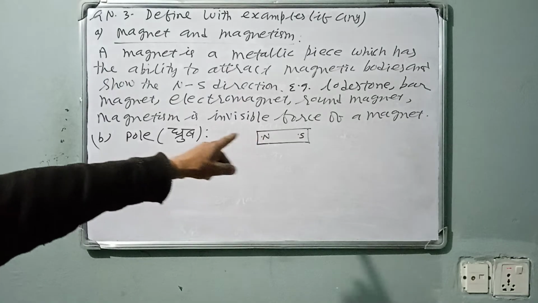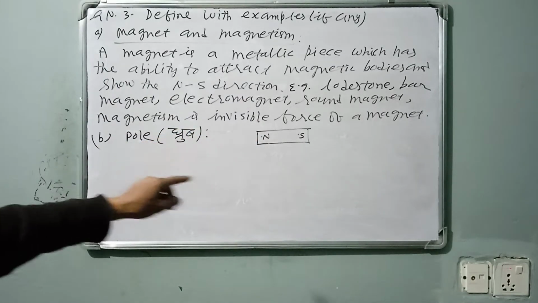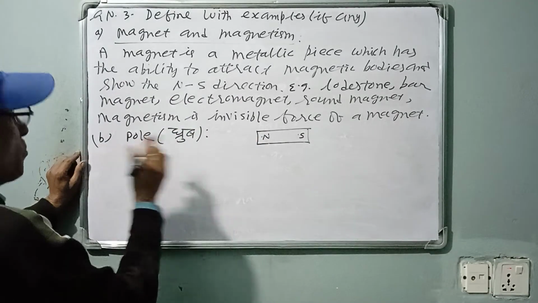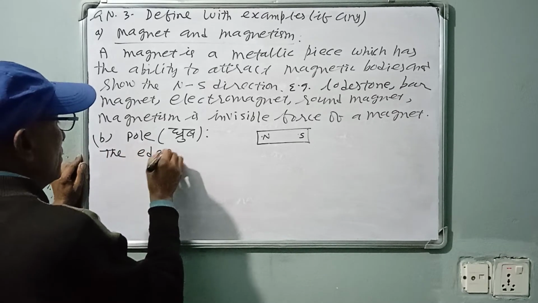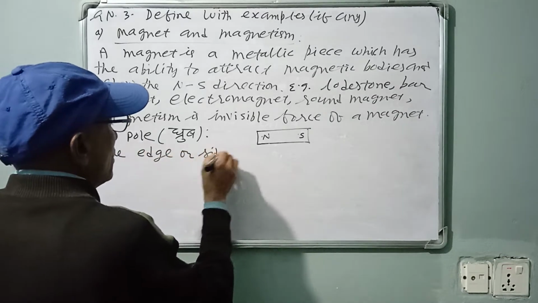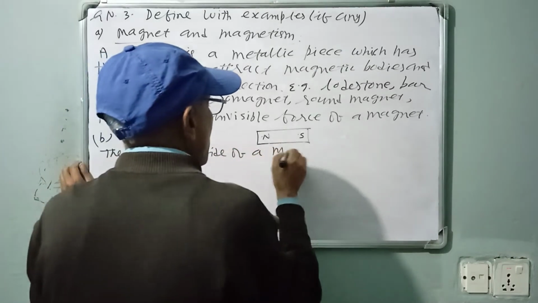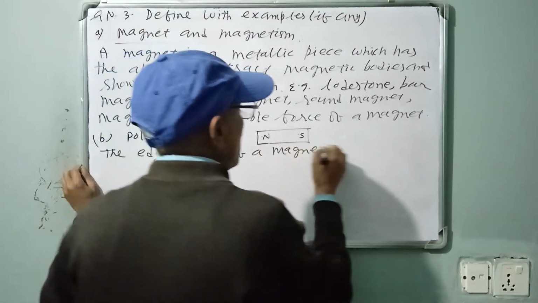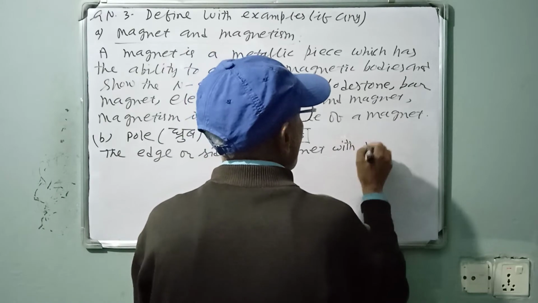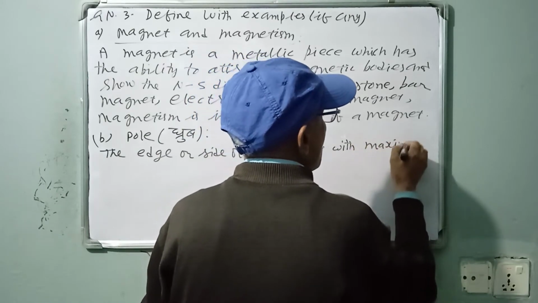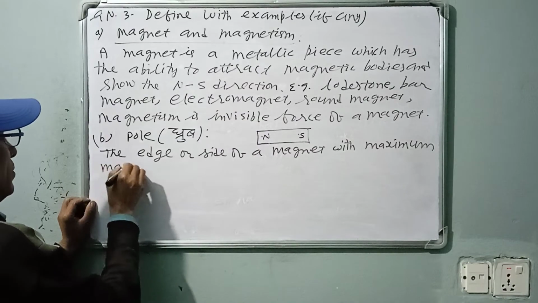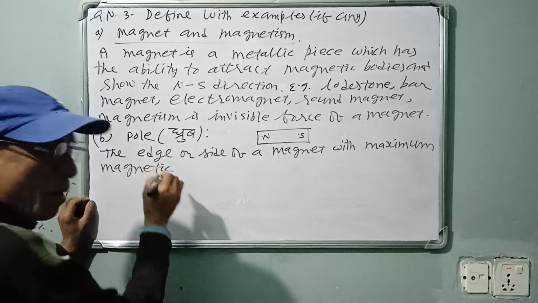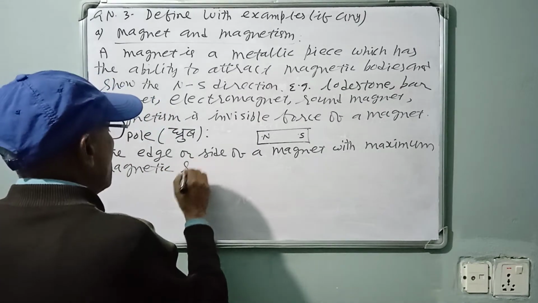There are two poles of a magnet, north pole and south pole. What is a pole? The edge or side of a magnet with maximum magnetic power, force or strength.